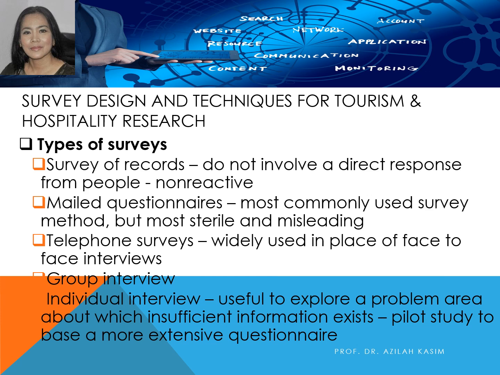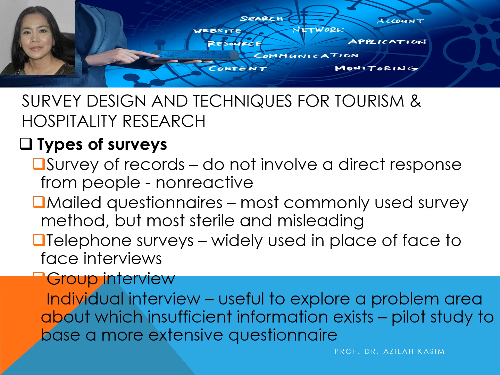So you can survey the records. This does not involve direct response from people. Instead, you are looking at secondary information, the record, and you're surveying that. You're making your conclusion from what you understand about the records. Okay, so it is non-reactive.